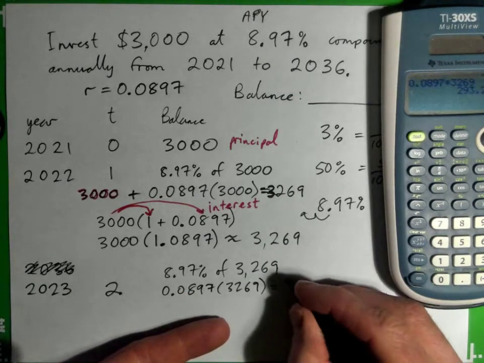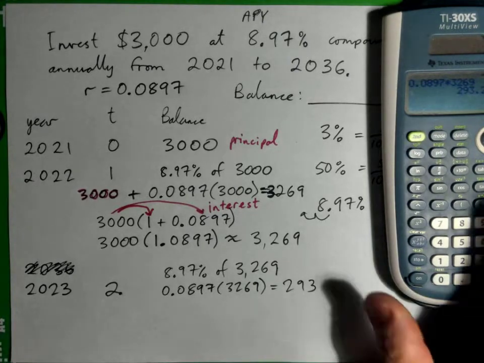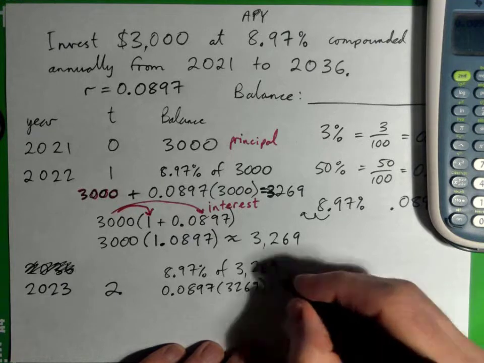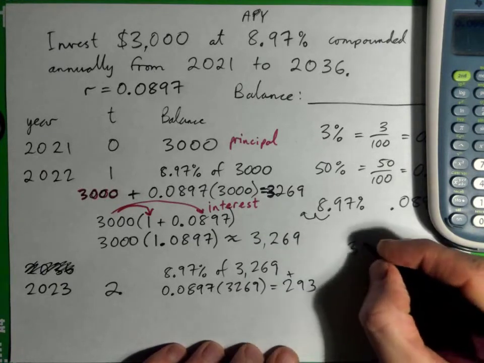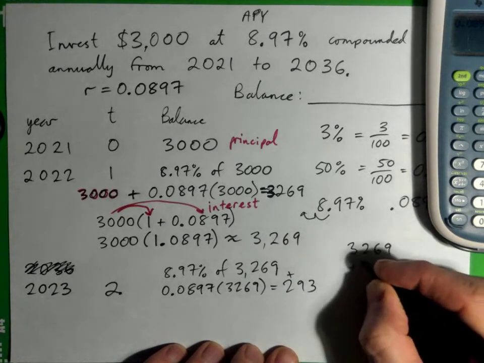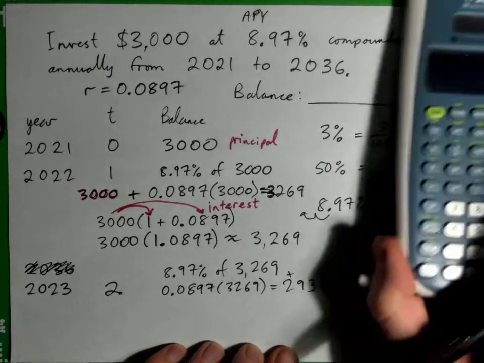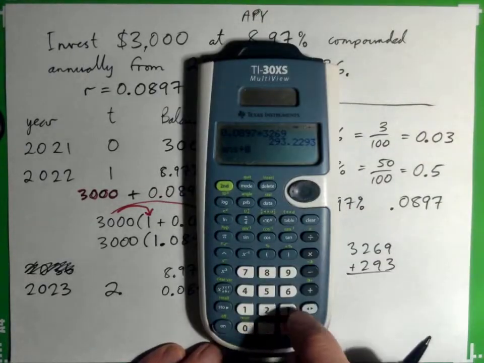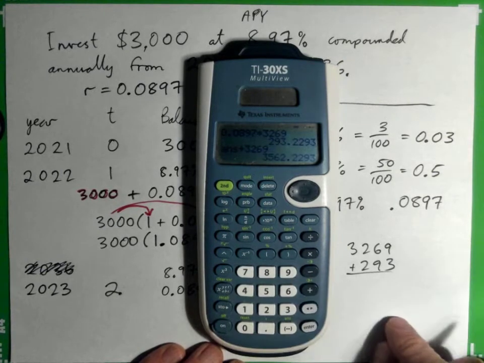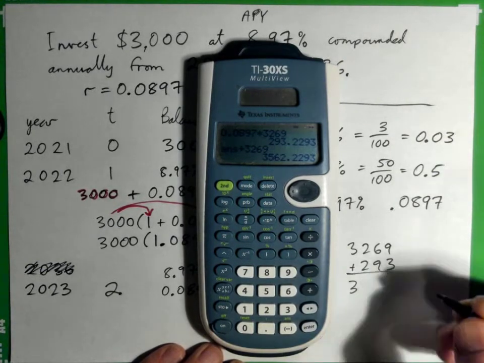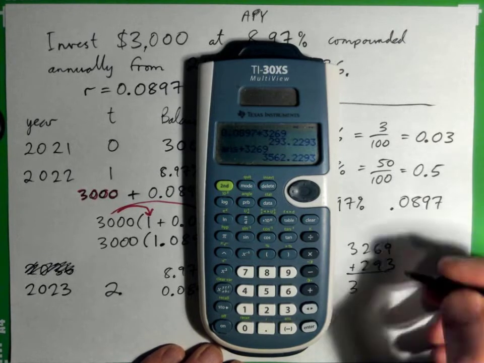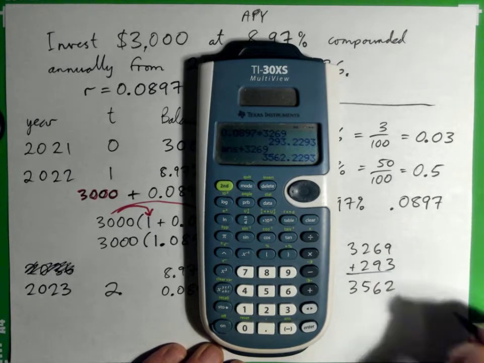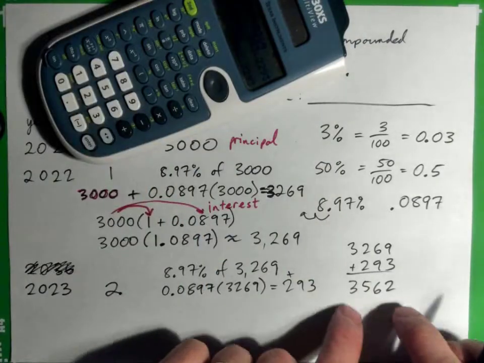So that's $293. I'm rounding. And then I add these together. So I go 3,269, the previous amount from last year, plus the interest. So it shouldn't be surprising at all that it's just this, right? Does that make sense?